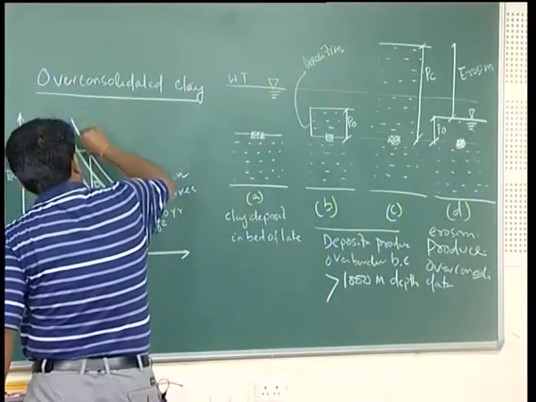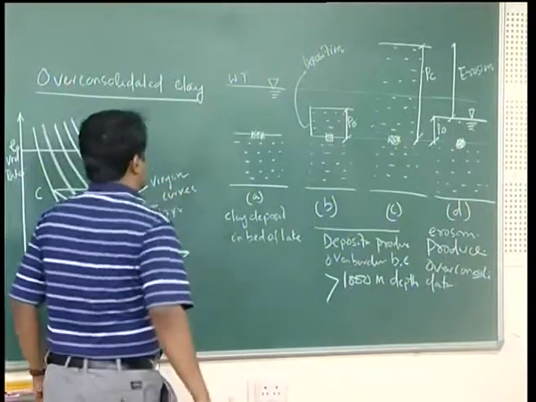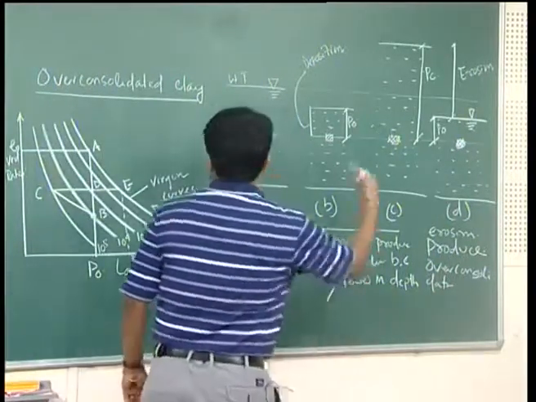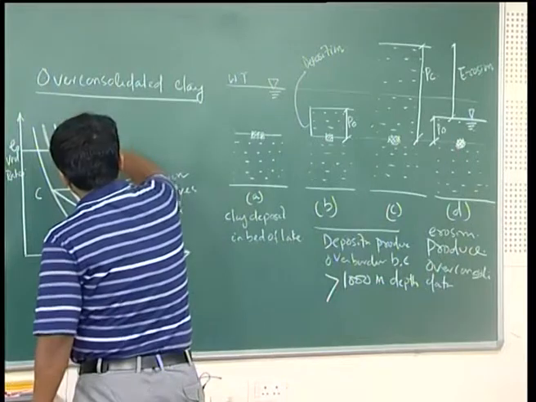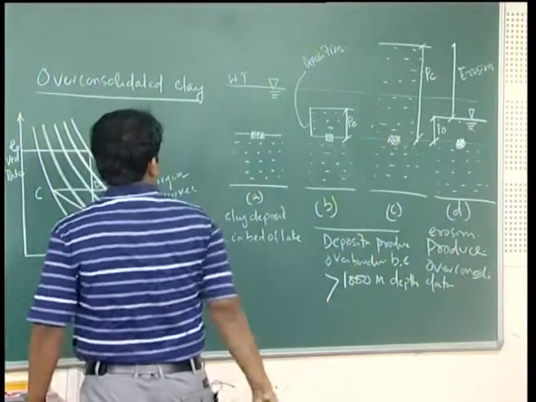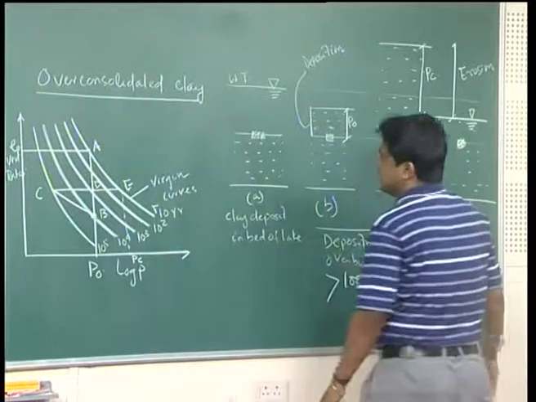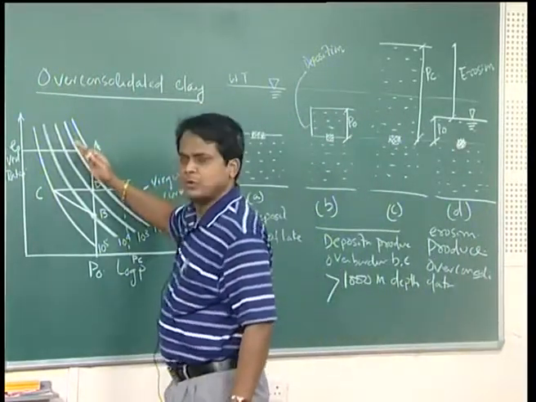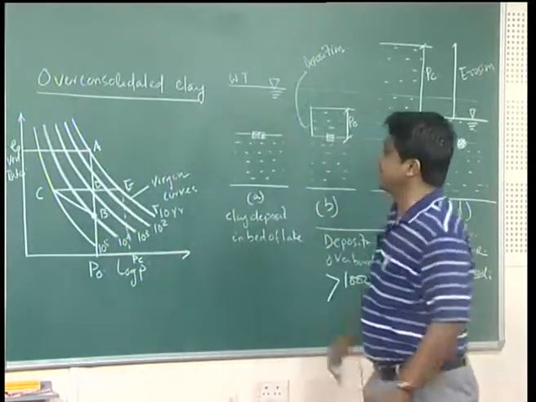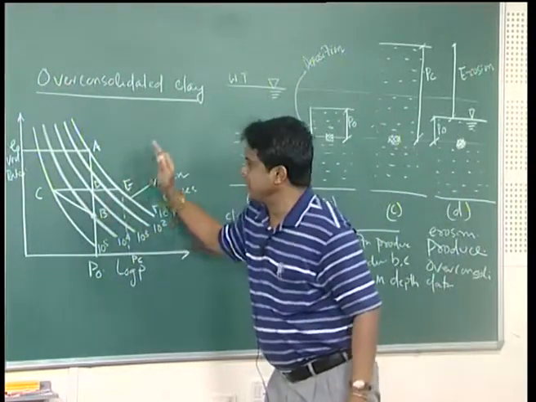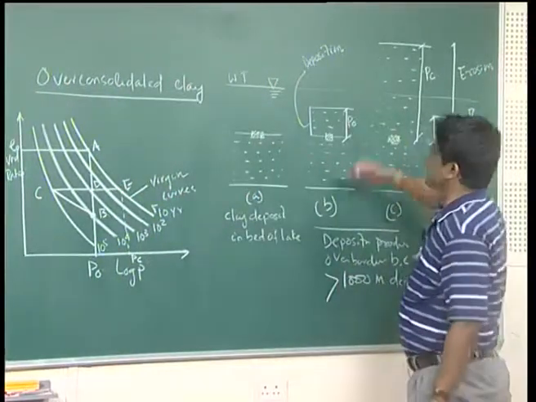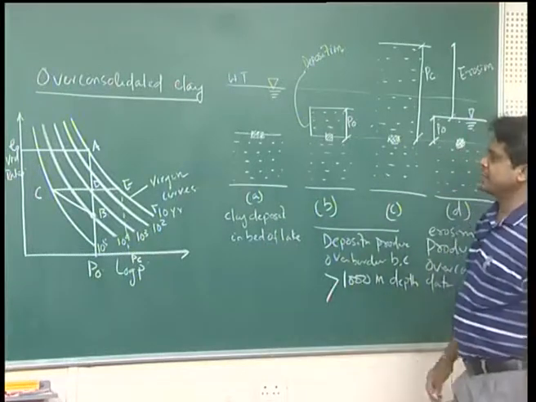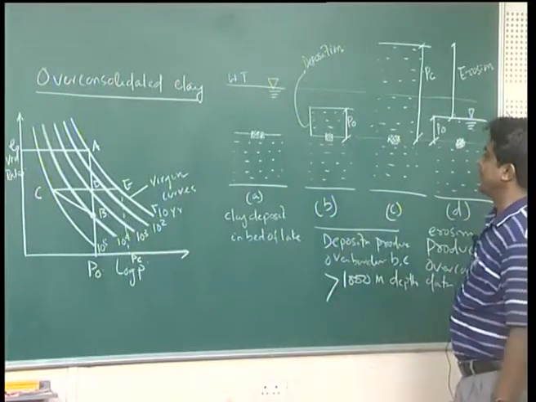This is my first consolidation graph or virgin graph. Then again another 100 years, maybe 10 to the power 2 years, there is again deposition. Because of that deposition this virgin curve looks like this, again another 100 years. So, it will continue because the consolidation process continues. So, it shifts towards the left in E versus log P.